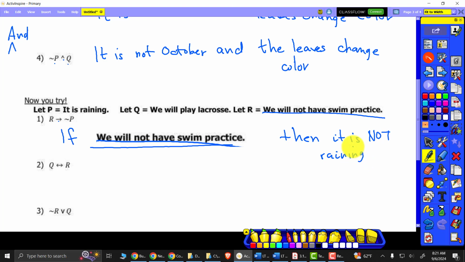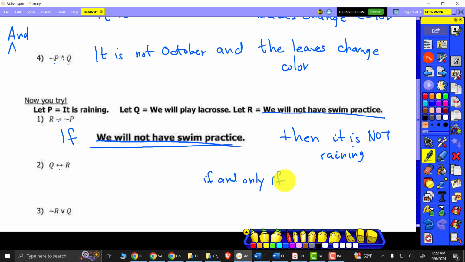Good. Number two, Q, that symbol is a biconditional statement, right? Or biconditional symbol, meaning we are going to use if and only if. Okay?